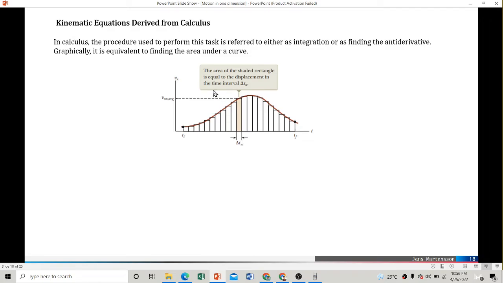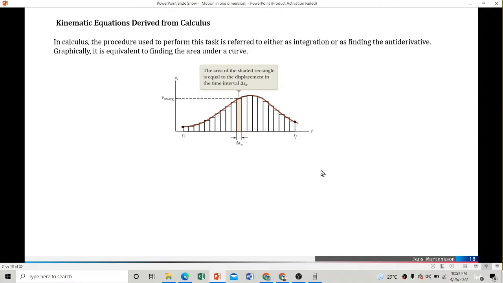If we divide it, we create some rectangular pieces, which is what we call strips. The area of the shaded rectangle is equal to the displacement in the time interval, that is, the change of tn.